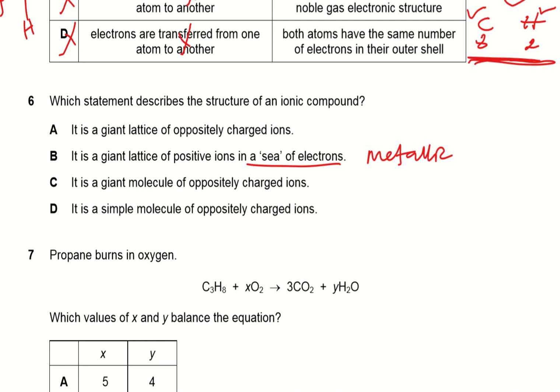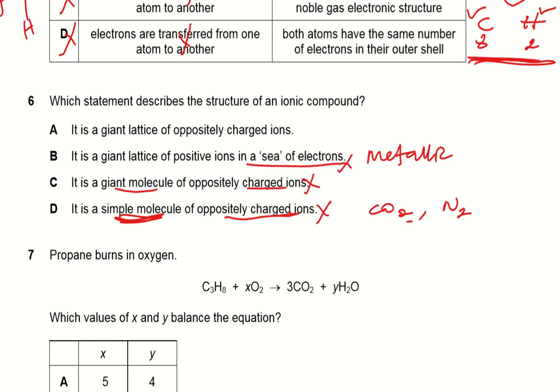Ionic compounds have oppositely charged ions, but we do not refer to them as giant molecules. Ionic compounds are not simple molecular, even though they have oppositely charged ions. Simple molecular substances, like carbon dioxide and nitrogen, do not contain oppositely charged ions. So this is wrong, and this is wrong.